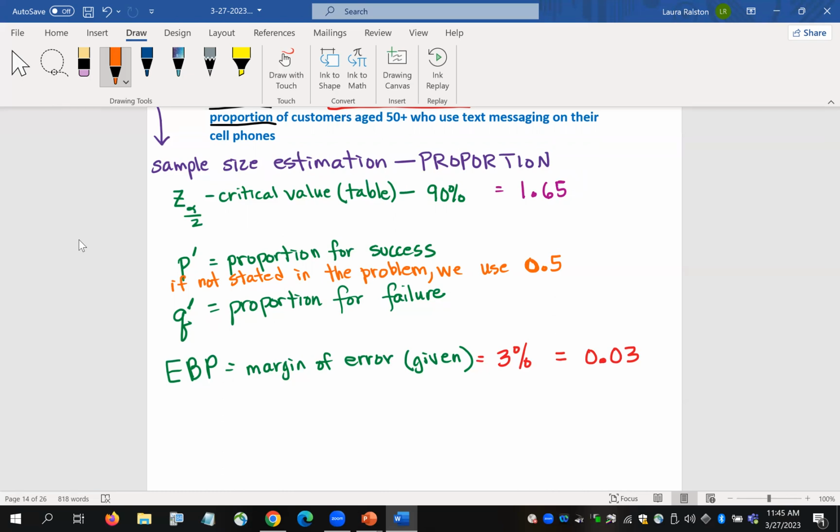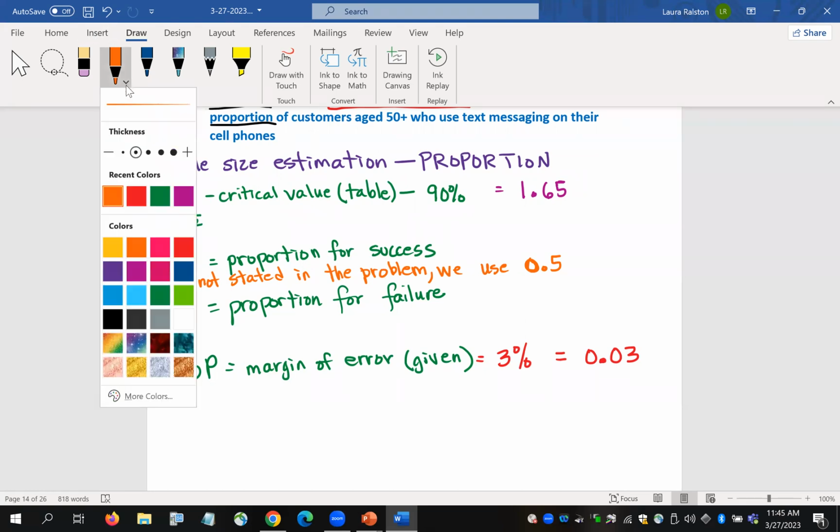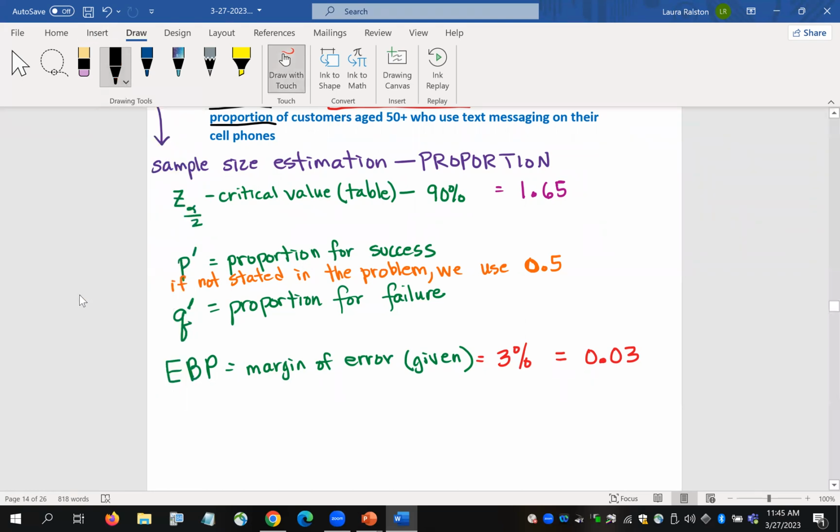So if the proportion for success is not stated in the problem, you will by default always use 50% or 0.5. So for this problem, because it's not stated, my proportion of success is 50%.